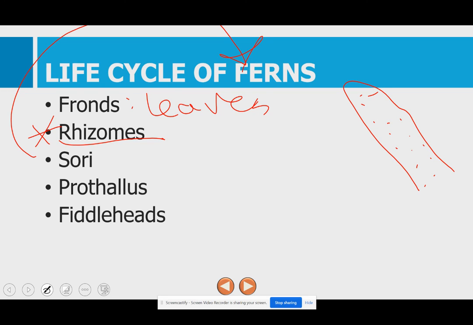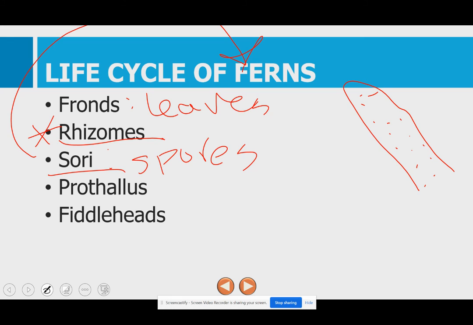We're supposed to have these brown spots on the underside of the fern frond. It's called the sori, and they're structures that house and protect the sporangia, which basically produce the spores. Those spores will be released, and they will germinate to become the gametophyte stage of the fern.